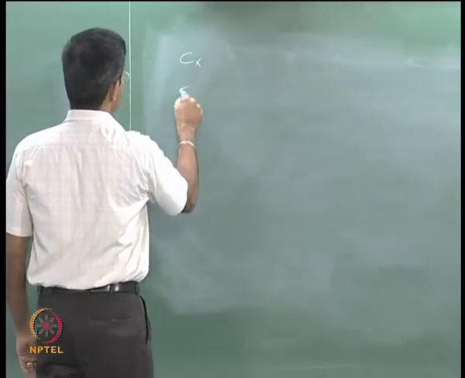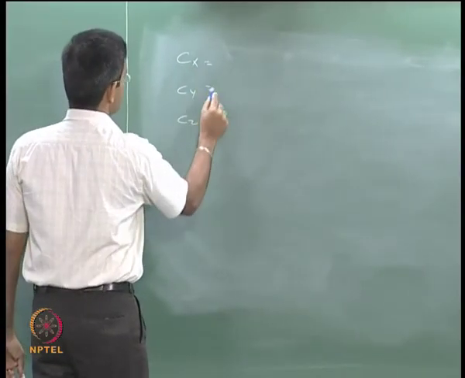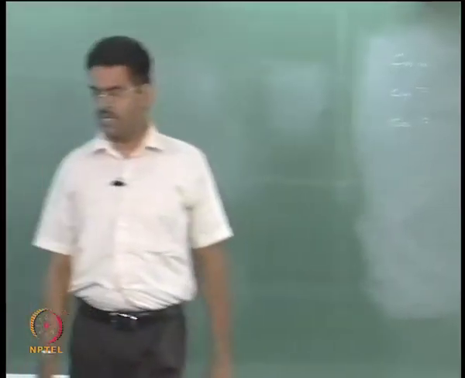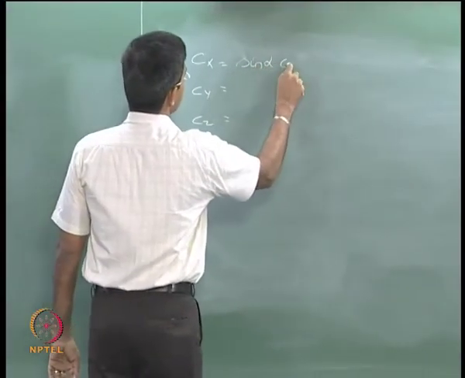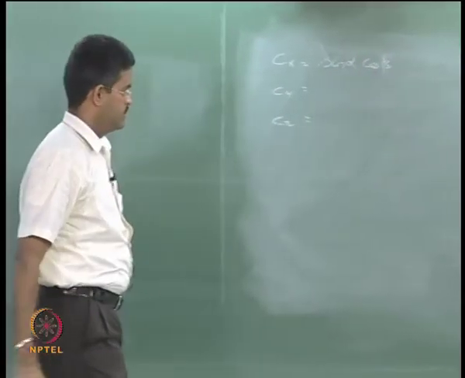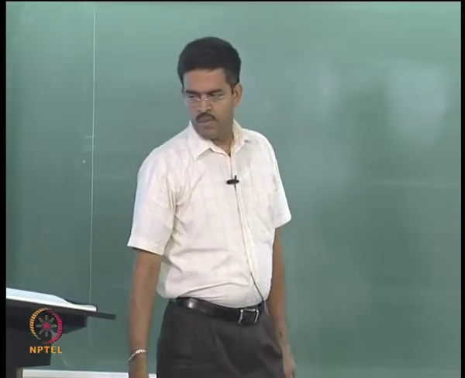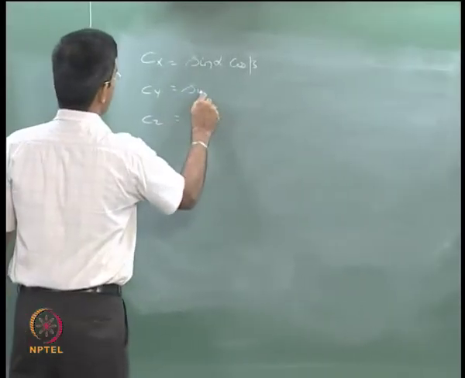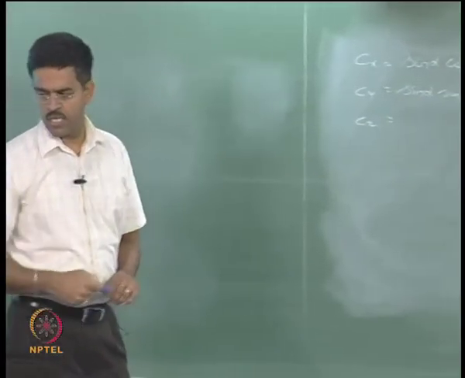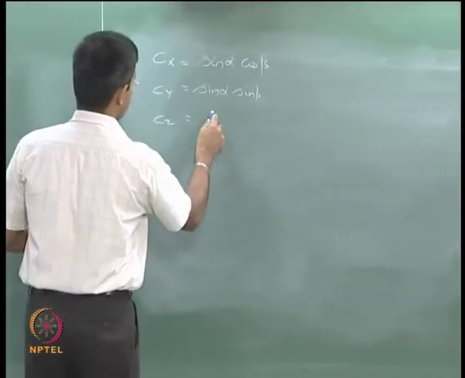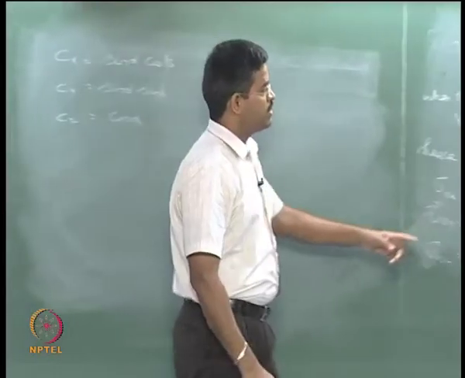Therefore, Cx, Cy and Cz, the direction cosines, are sin alpha cos beta, sin alpha sin beta, and Cz is cos alpha. That is what I am having here.